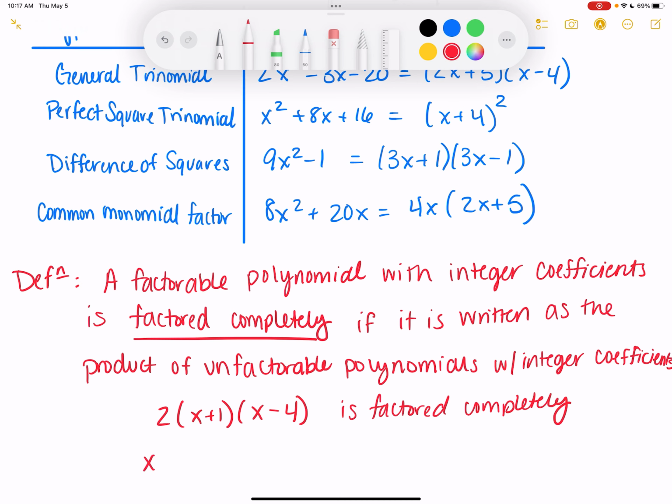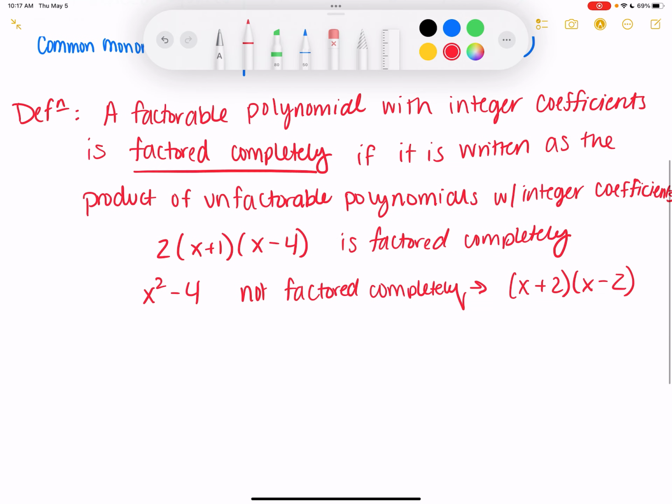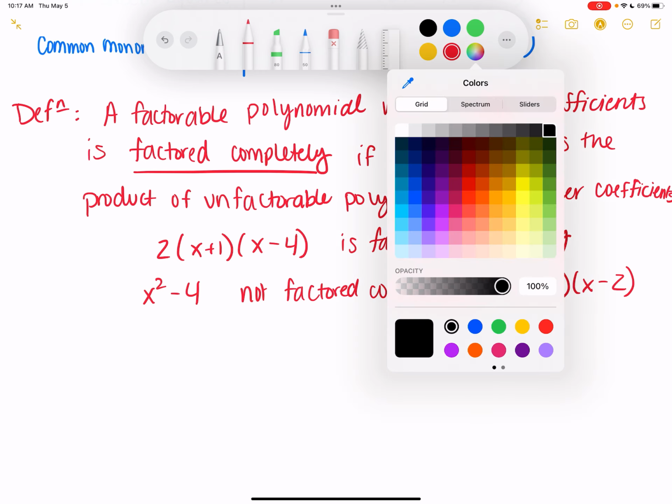But x squared minus 4 is not factored completely, because it can be broken down into x plus 2 and x minus 2. So none of that's really new. You already kind of know that. So we're going to get into the new thing that we have.